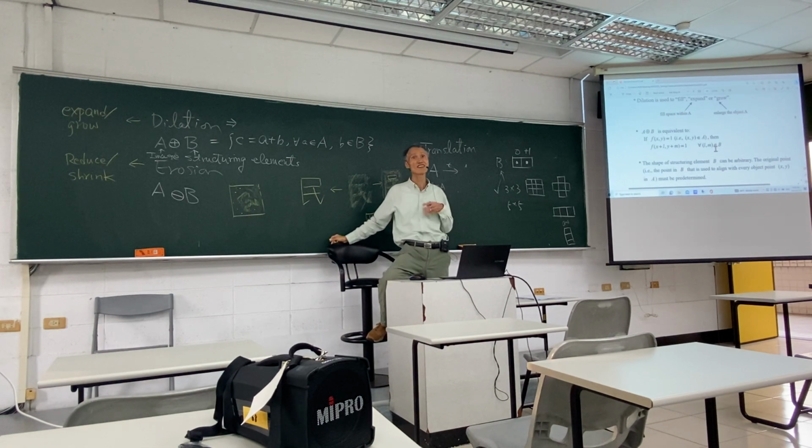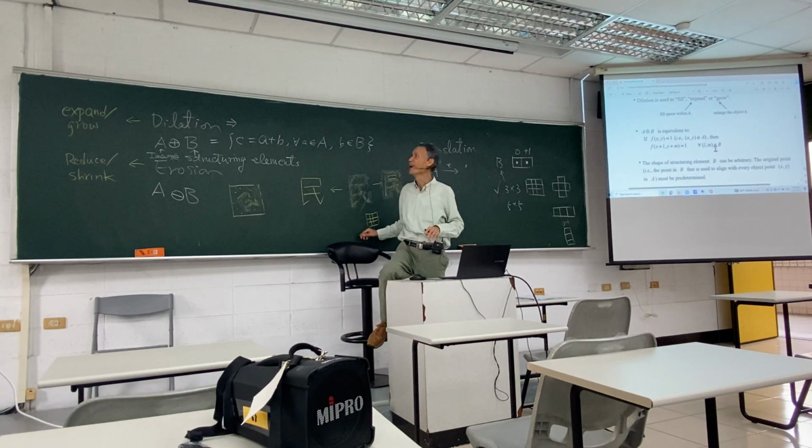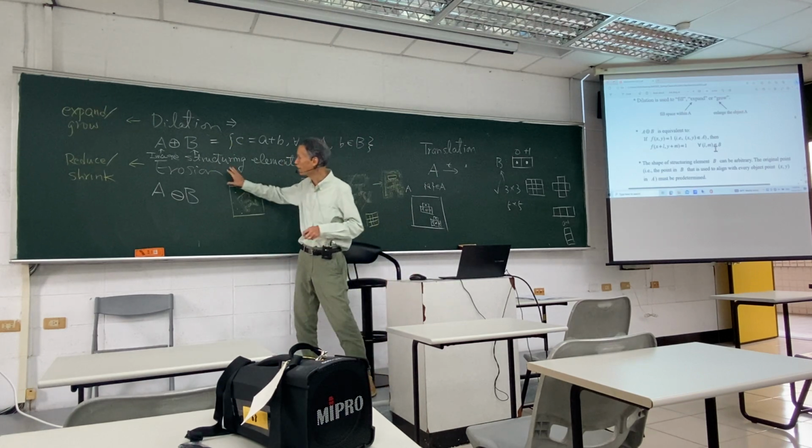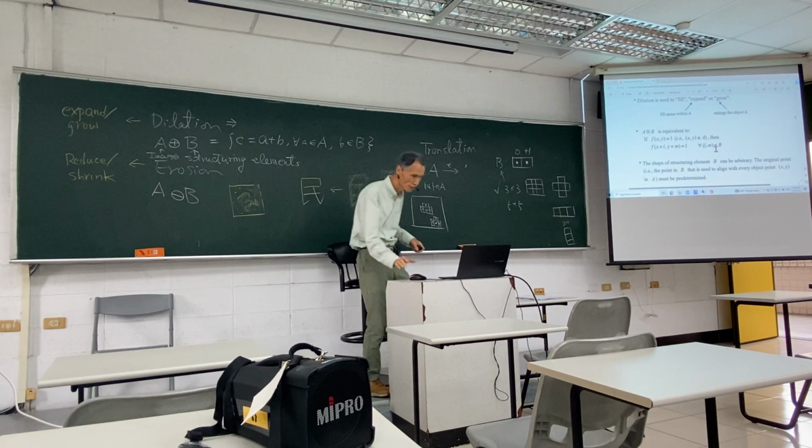You can find the skeleton of the object, keeping only its skeleton. All this can be done by morphology, okay? By morphology. And with the basic operation, dilation and erosion. Okay, let's go for the erosion. Okay.